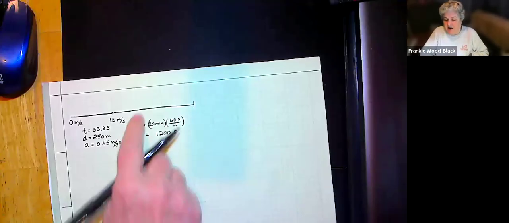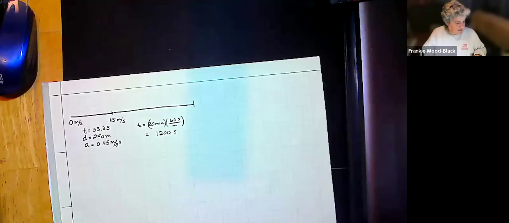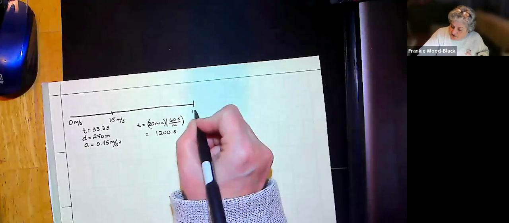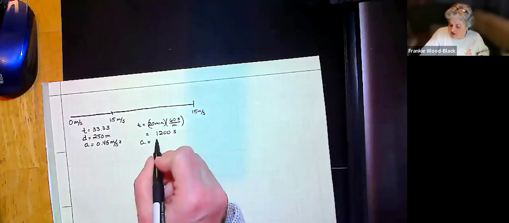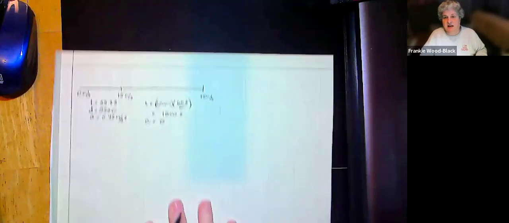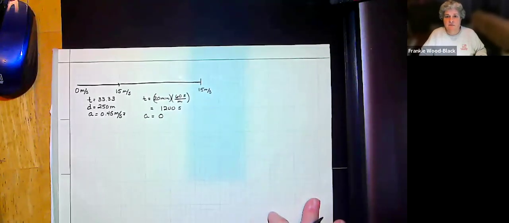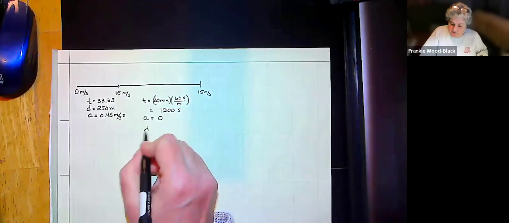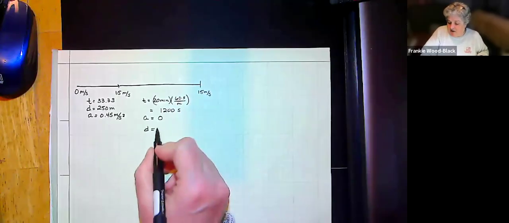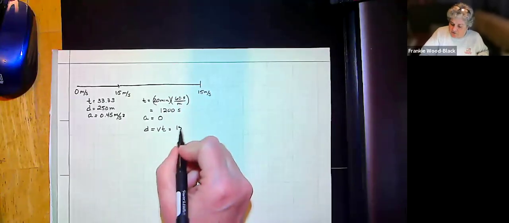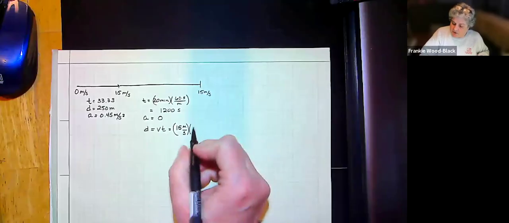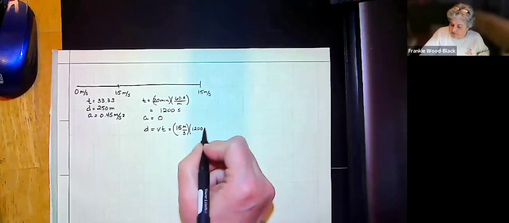So there's my time for this one. We know that this is still 15 meters per second, so my acceleration in this case is 0 because we stayed at a constant. But I need distance. Well, distance is my velocity times time. So that one's going to be pretty easy. It's going to be 15 meters per second times my time, which was 1,200 seconds.